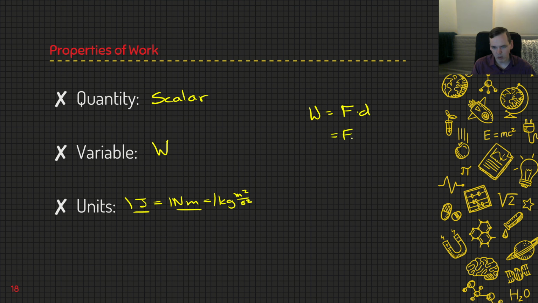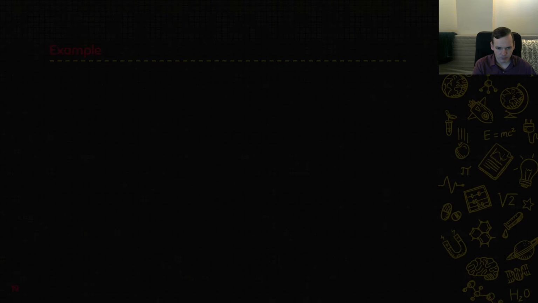The way I had written it earlier was force parallel times delta x. Force is measured in newtons, distance in meters, and work in joules. So we see that 1 joule equals 1 Newton meter. And if you remember the definition of a Newton, that's 1 kilogram meter per second squared, and you can do some rearranging to get this set here.